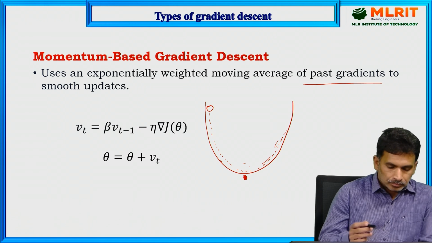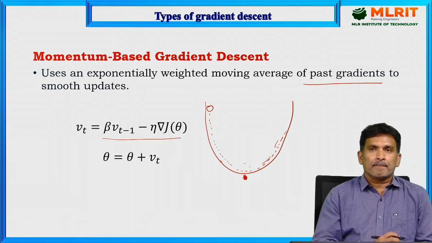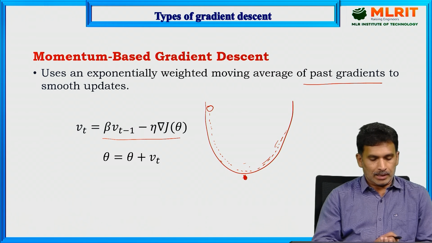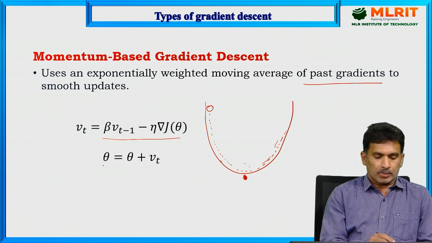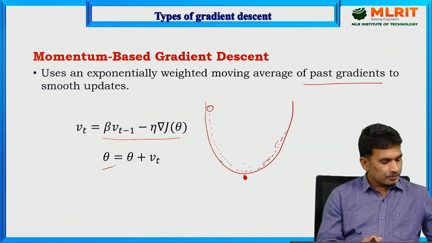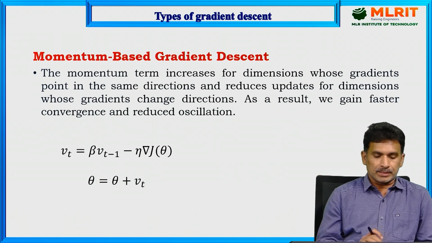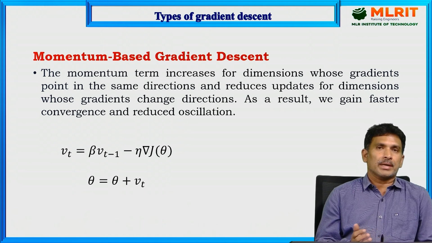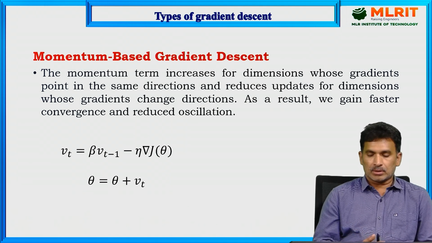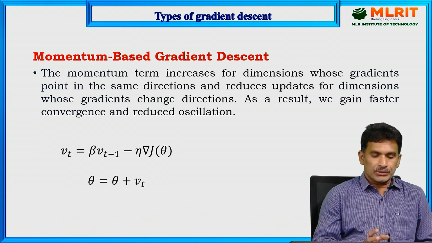So here we can see the velocity is calculated, and based on that velocity, the particular parameter is updated. The momentum term increases for dimensions whose gradients point in the same direction, and reduces updates for the dimensions whose gradients change directions.